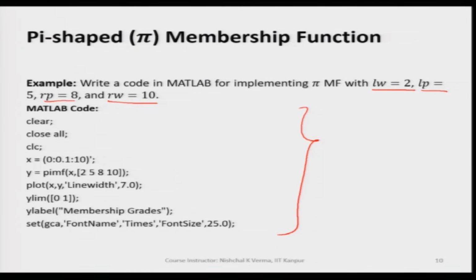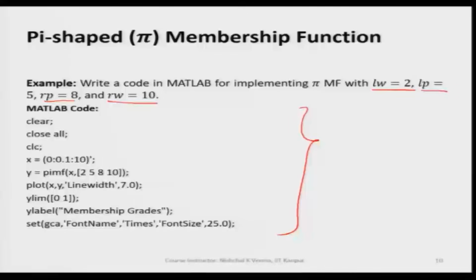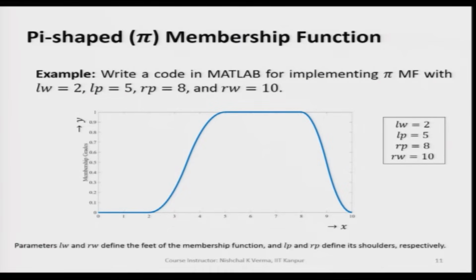We can clearly see that this pi shaped membership function is the second type, which requires 4 parameters. If we write this code in MATLAB and run it, we get this kind of plot. We see here the shape of this plot is pi type.